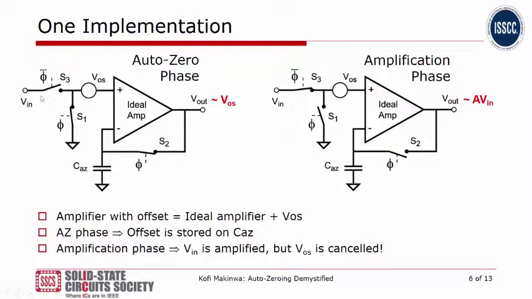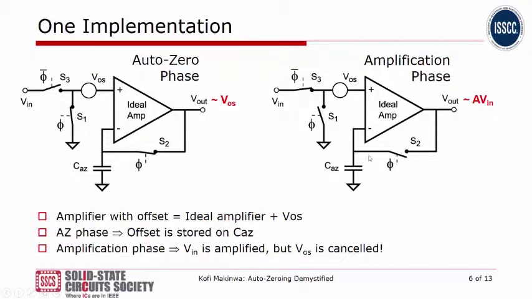So in the auto-zero phase, switch S1 short circuits the input. So now the amplifier only sees the offset voltage, and switch S2 configures the amplifier as a unity gain buffer. What does this mean? This means that the offset gets stored on the auto-zero capacitor.